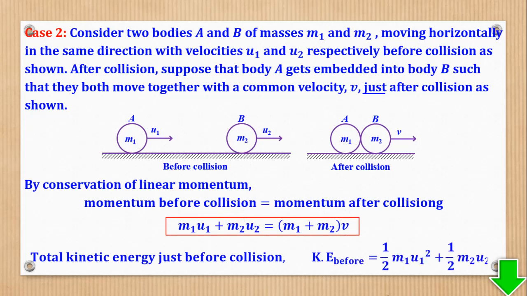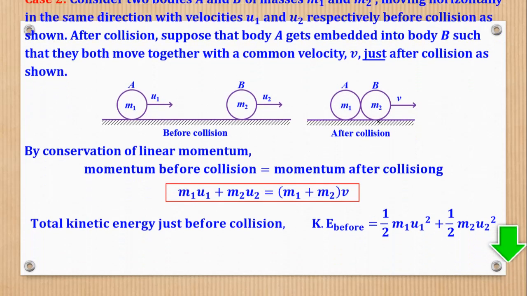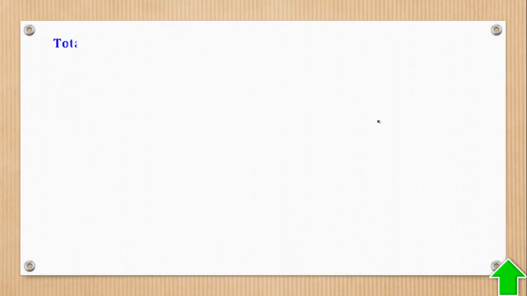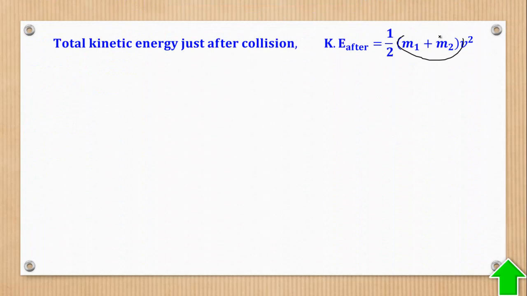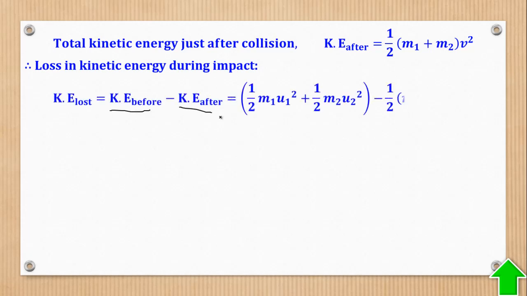The one before collision is kinetic energy for this, kinetic energy for this. But after collision, they are combined. Therefore, kinetic energy will be for both masses combined, so you combine the two masses times v squared. Then the loss in kinetic energy during the impact is kinetic energy before minus kinetic energy after.